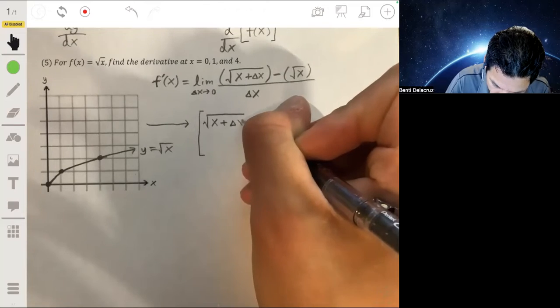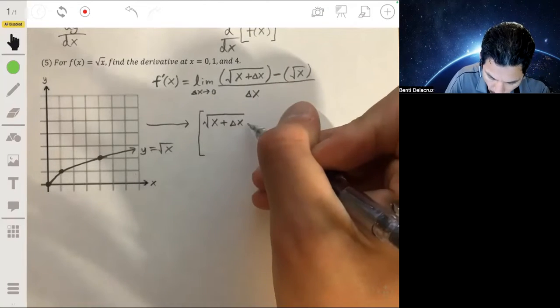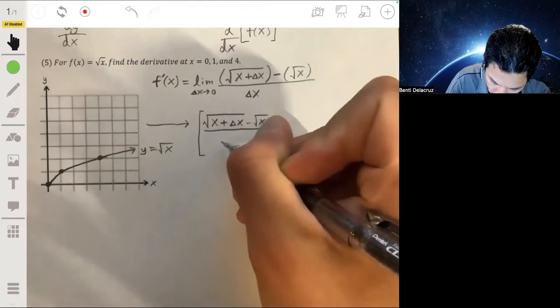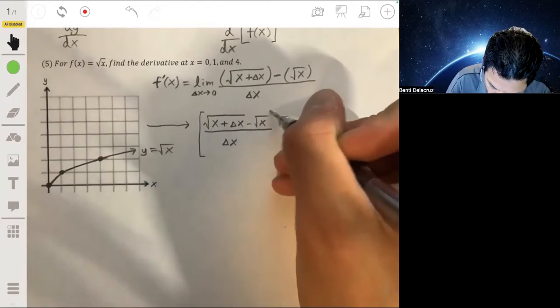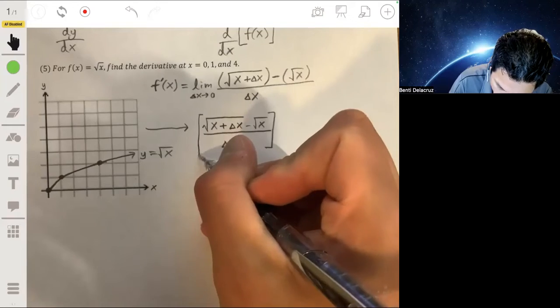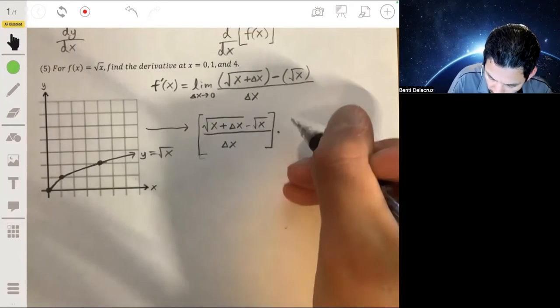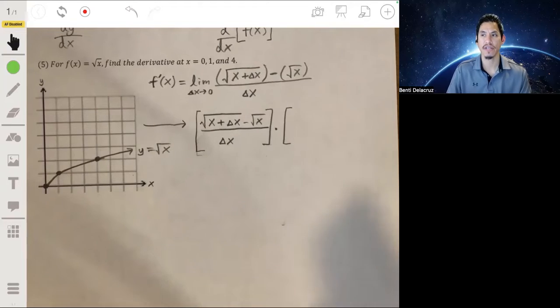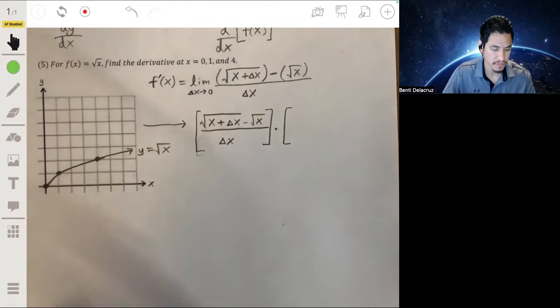I'm rewriting the original expression over delta x, and we're going to multiply this by a fancy form of the number 1.